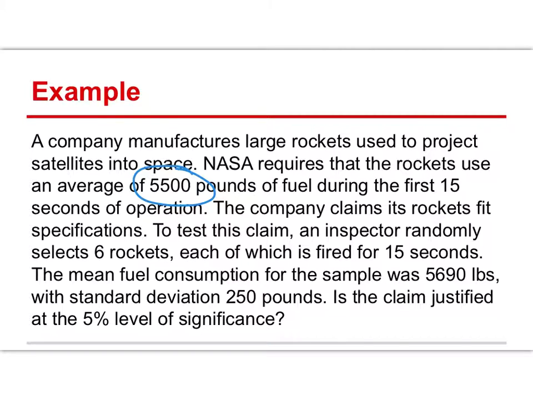To test this claim, an inspector randomly selects 6 rockets, each of which is fired for 15 seconds. The mean fuel consumption for the sample was 5,690 pounds with a standard deviation of 250 pounds. Is the company's claim justified at a 5% level of significance?